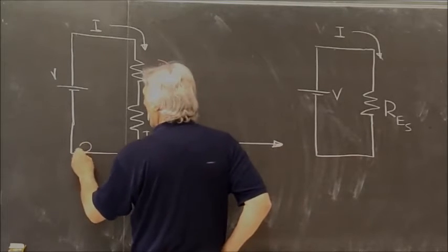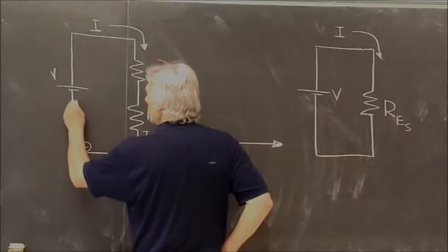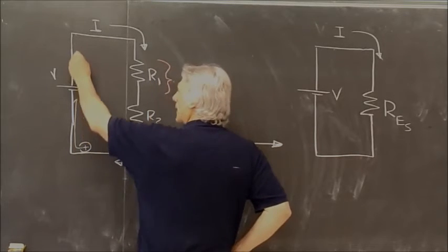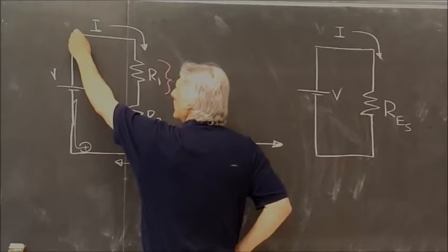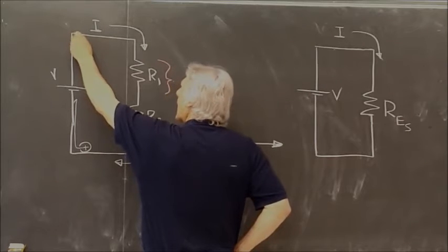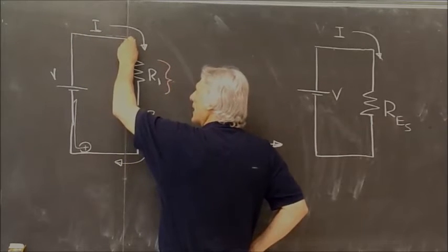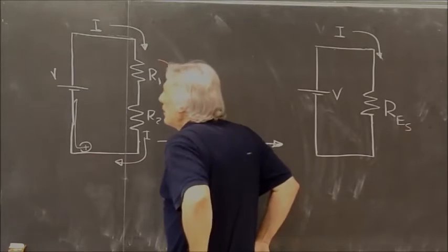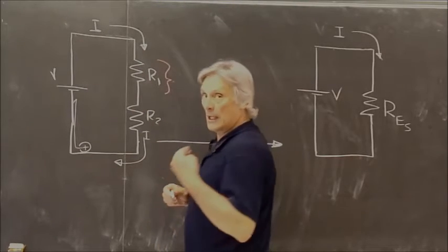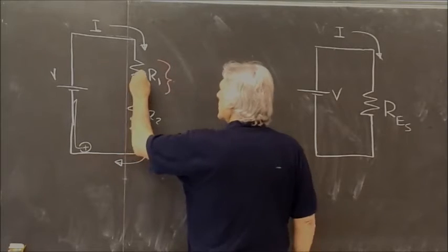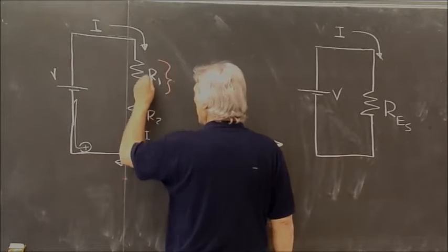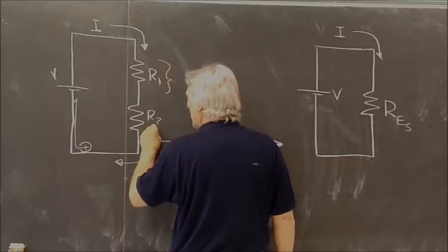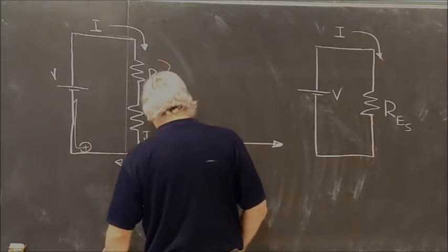Whatever charge happens to flow through this battery, it will gain not gravitational potential energy, but electric potential energy. And likewise, as it descends or drops through each resistor, there will be a drop in potential electric energy. The sum total of which, whatever we lose here plus here, must equal what we gained originally.